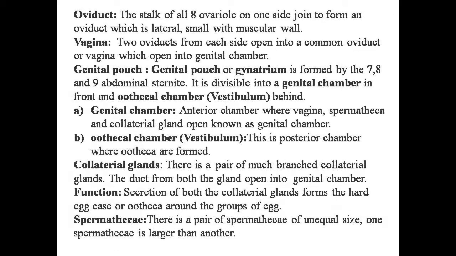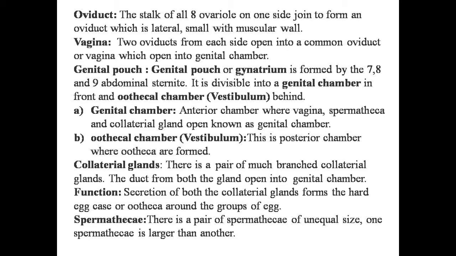The genital pouch or gynatrium in the female cockroach is formed by the 7th, 8th and 9th abdominal sternites. It is divisible into the genital chamber in front and the oothecal chamber or vestibule behind.